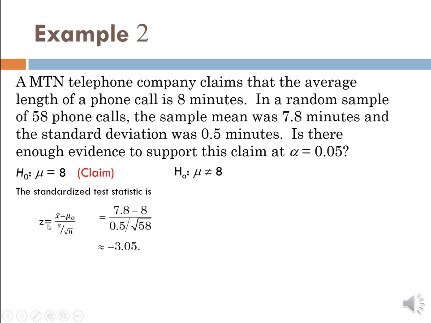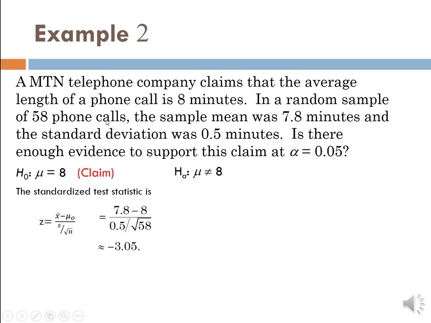Third step is to decide which test statistic to use, whether Z or T. Now, in this question, we realize that the standard deviation provided was for the sample. It says in a random sample of 58 phone calls, the sample mean was 7.8 and the standard deviation is 0.5. So this standard deviation is for the sample data. We don't have the population standard deviation.